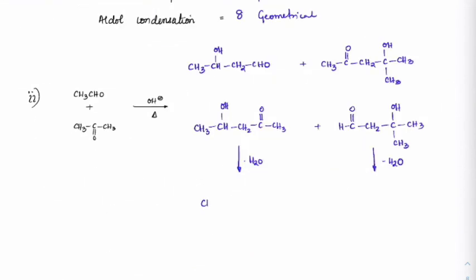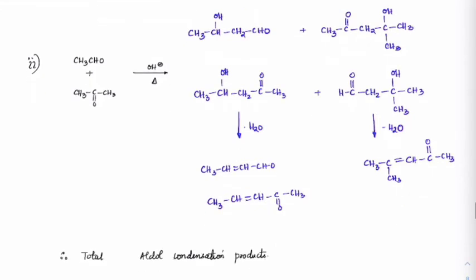On the condensed products, CH3, CH double bond CH, CHO, I have CH3, CH double bond CH, C double bond O CH3, and I have CH3, CH3 double bond CH, C double bond O CH3, I have CH3, CH3 double bond CH, CHO.